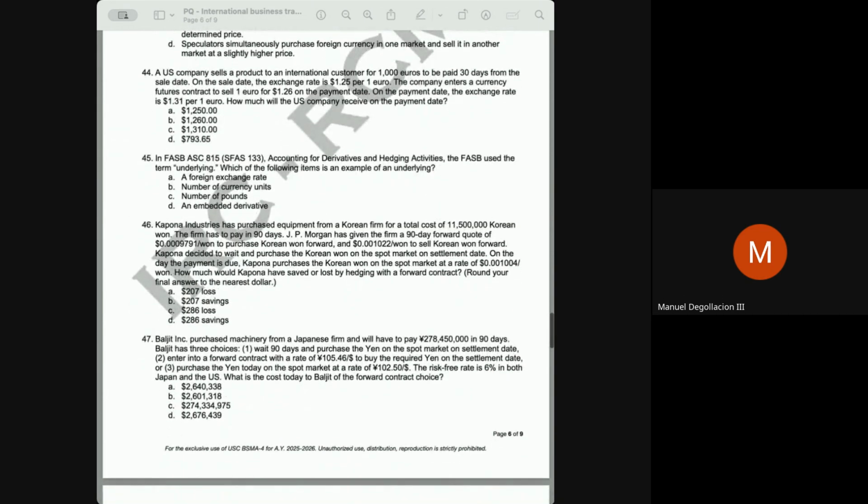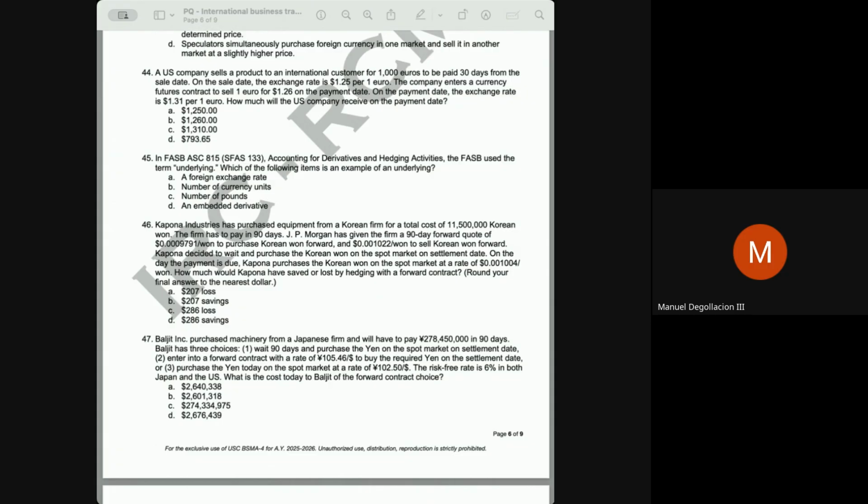Okay, number 45. In FASB ASC, accounting for derivatives and hedging activities, the FASB used the term underlying. Which of the following items is an example of an underlying? Examples of an underlying include a specified interest rate, a security price, or whatever might be the basis for the value of your financial instrument.